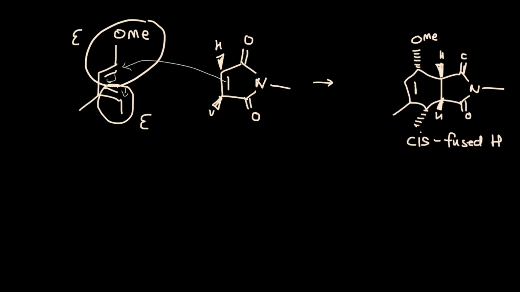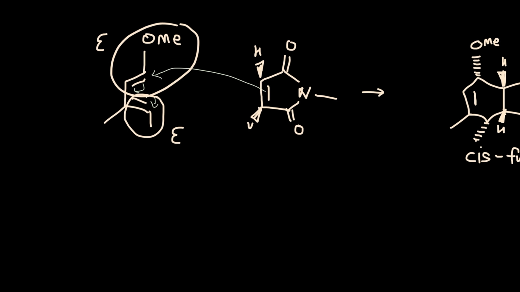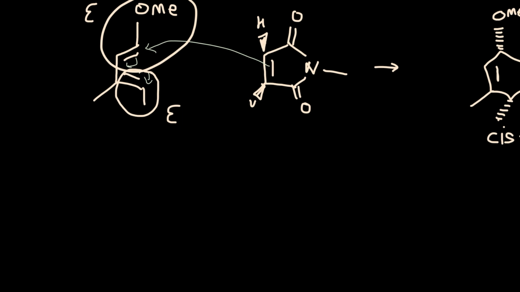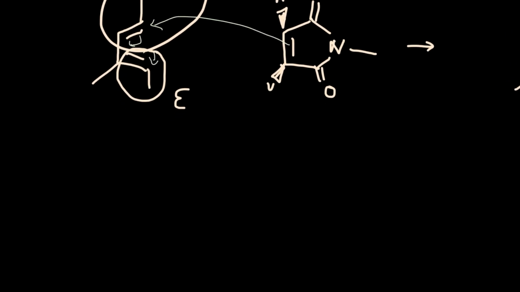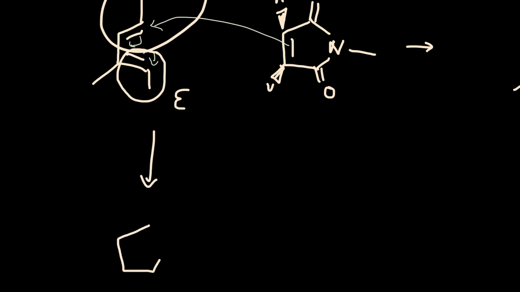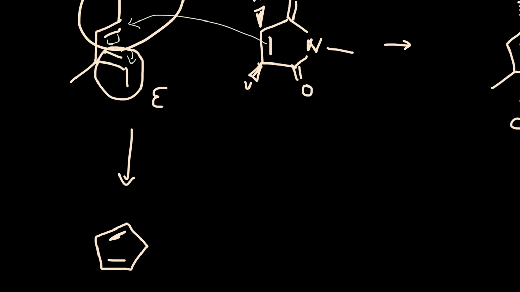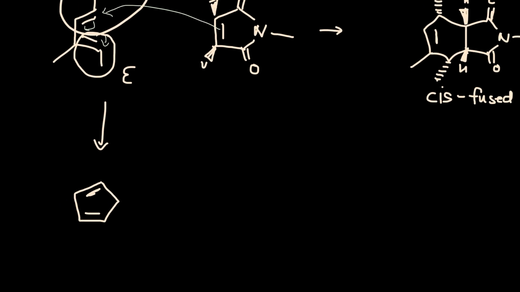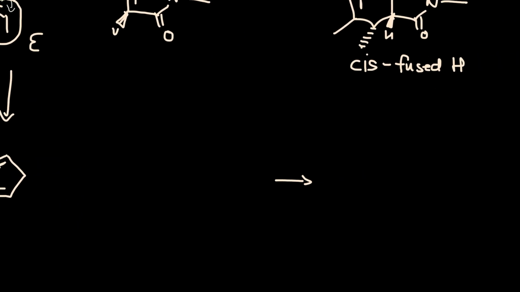I need to make a note on a few other things. So as we can see, we preserve the stereochemistry, but let's say this time your 1,3-diene is a cyclic compound. Okay. That means your product will be a cyclohexane.